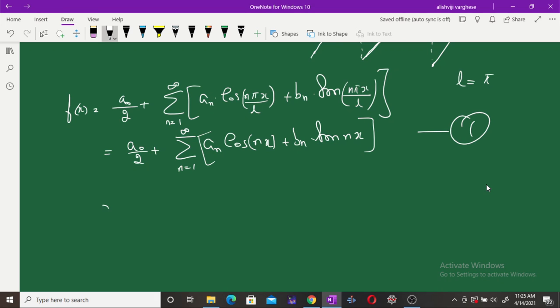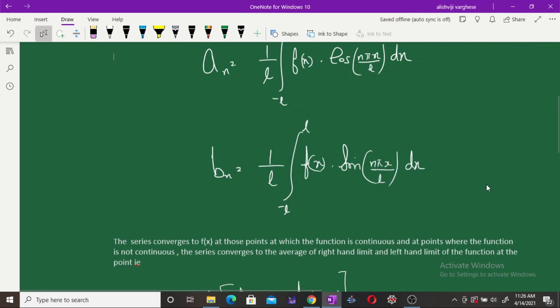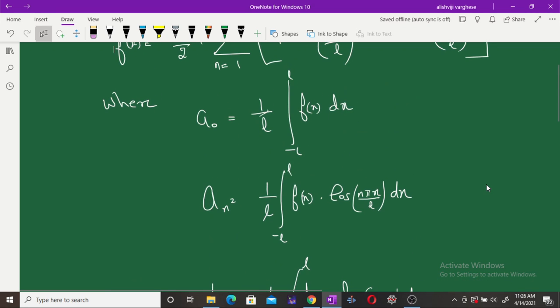Now we are going to calculate the values of a naught. A naught is equal to 1 by L, L is equal to pi, so it is 1 by pi integral minus pi to pi, that is minus L to L, f of x dx. So here this is the formula by which we calculate the Fourier coefficients.